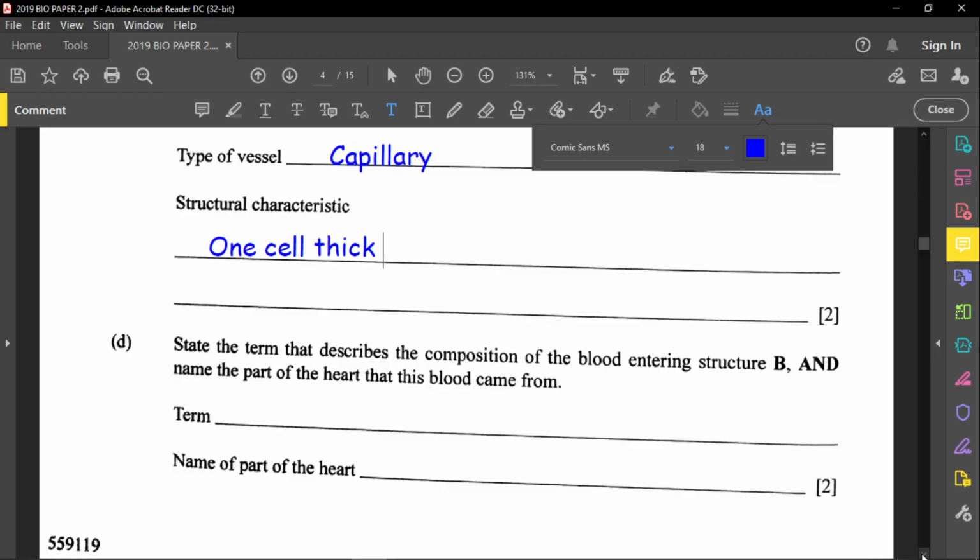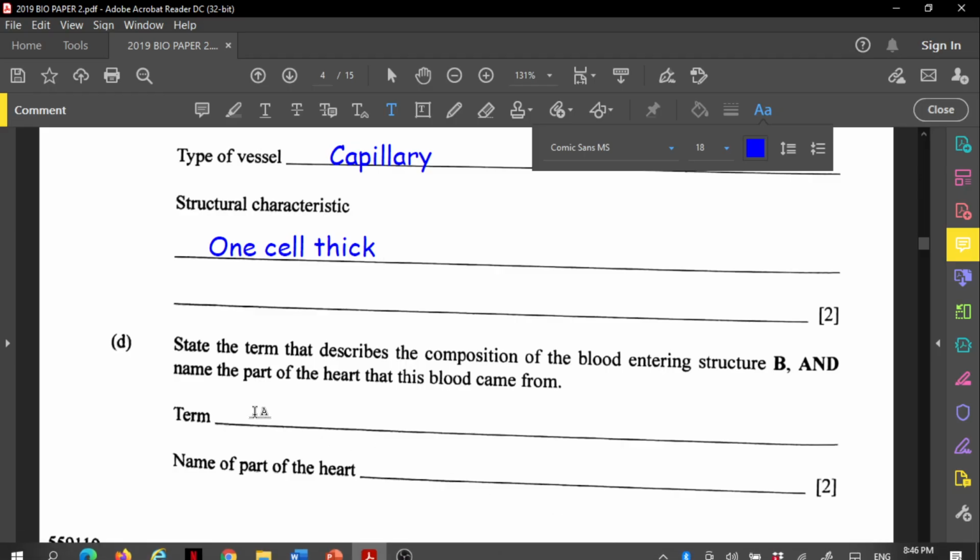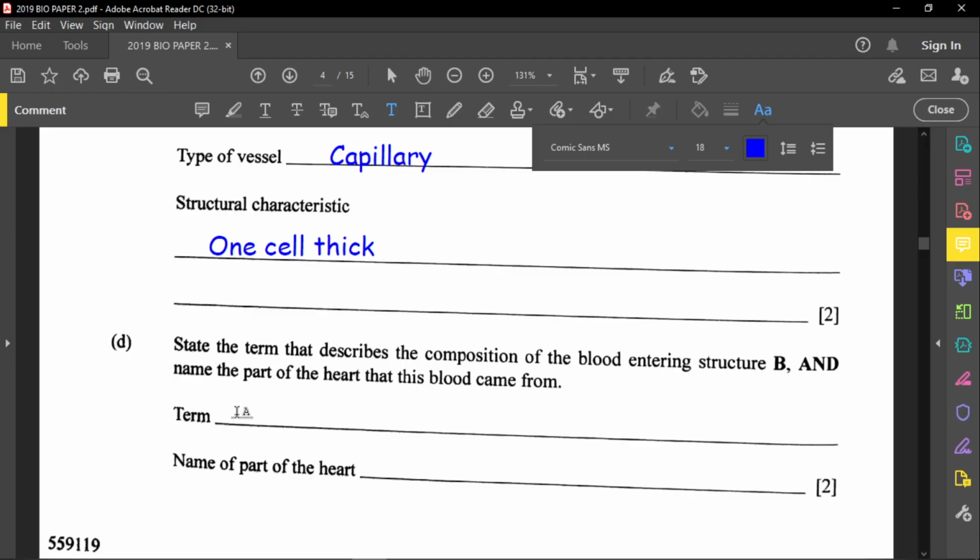It comes to the lungs so it can be oxygenated. So this is termed deoxygenated blood. All right, so that's the term used to describe the blood.